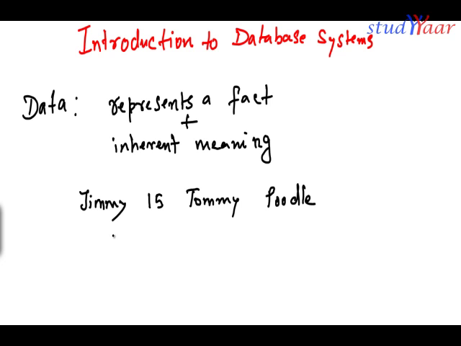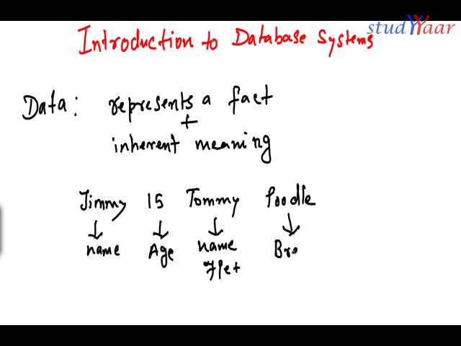Now what would I need to make this data? Let's suppose I tell you that this value is the name of a person, this value is the age of a person, this value is the name of the pet of the person, and this value is the breed of the pet.